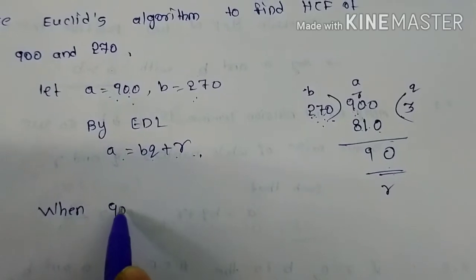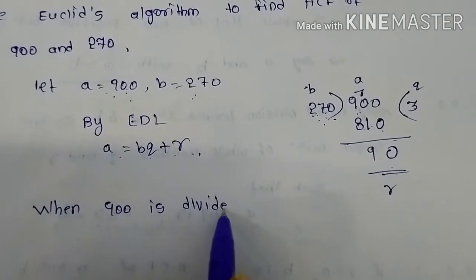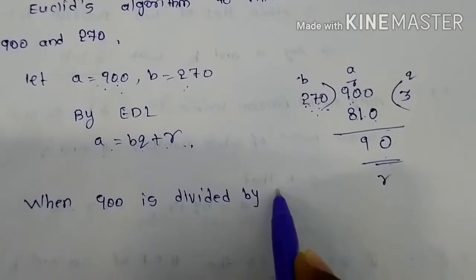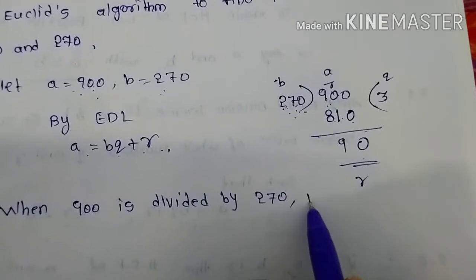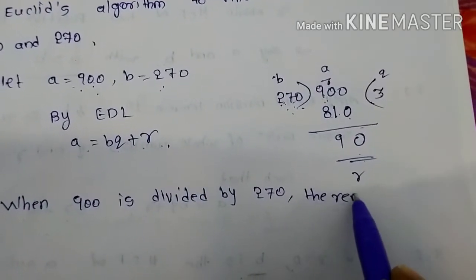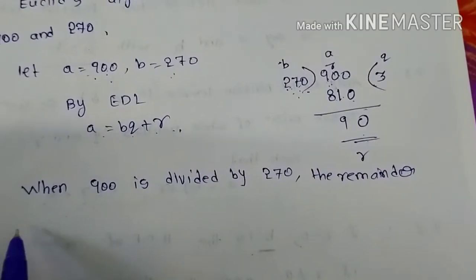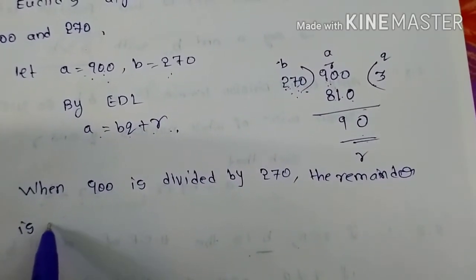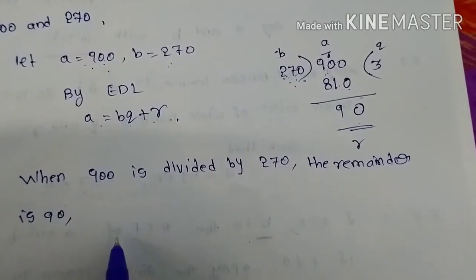When 900 is divided by 270, the remainder is how much? You can write the remainder is 90.